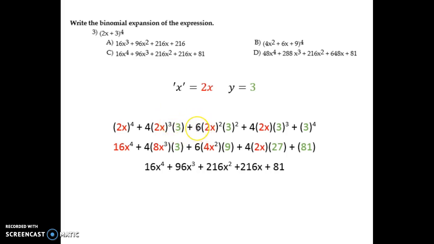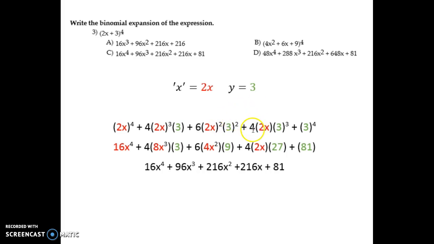Then your next coefficient is 4 choose 2, which gives you 6. And your x term is raised to 1 less again, so instead of the 3rd power, it's down to the 2nd power. And again, the exponents have to add up to 4, so your y term here is raised to the 2nd power as well, so those equal 4.